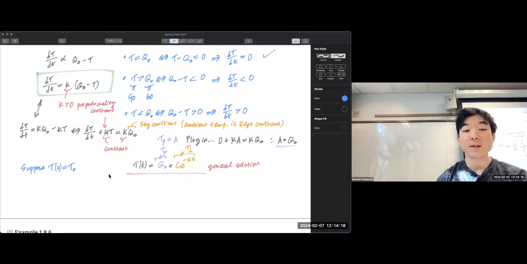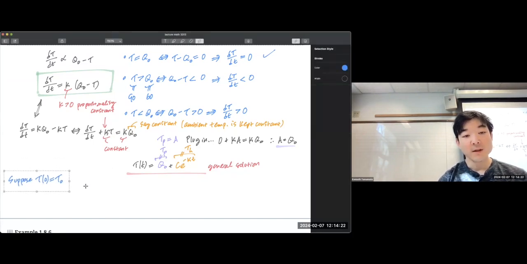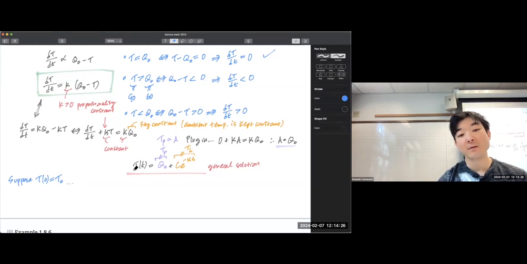Then if you plug this in, what does this mean? This means that your capital T of t, this left-hand side, this black thing, is T naught whenever your t, which is this little t, is equal to 0. So e raised to negative k times 0 is just 1.